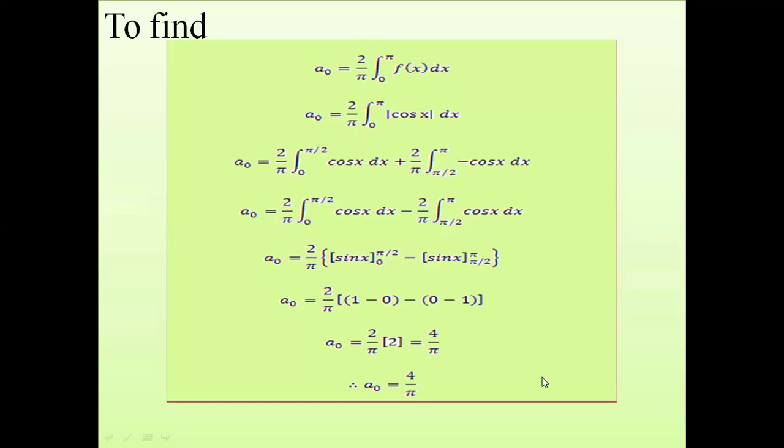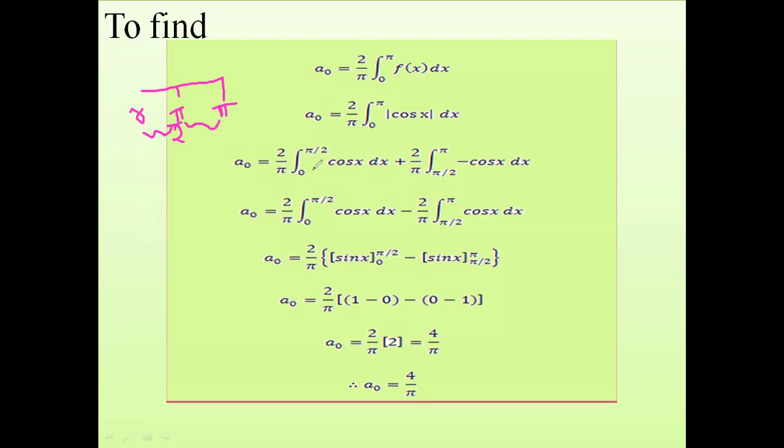So this interval we have to split into two parts. One is 0 to pi, and in between you take pi by 2. Since it is a modulus, you take the intervals 0 to pi by 2 and pi by 2 to pi.